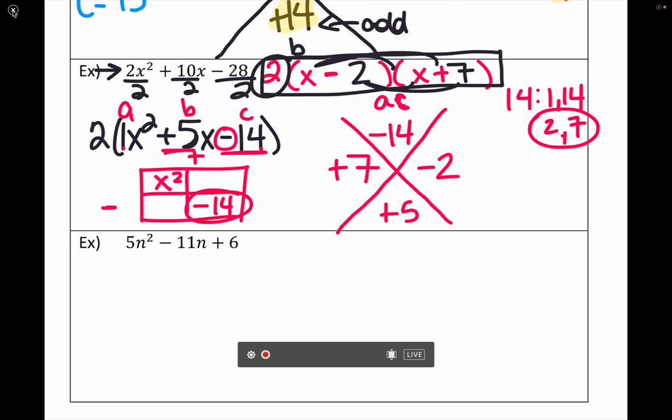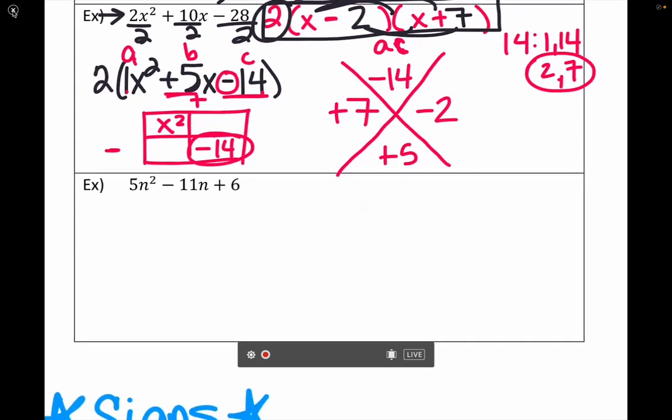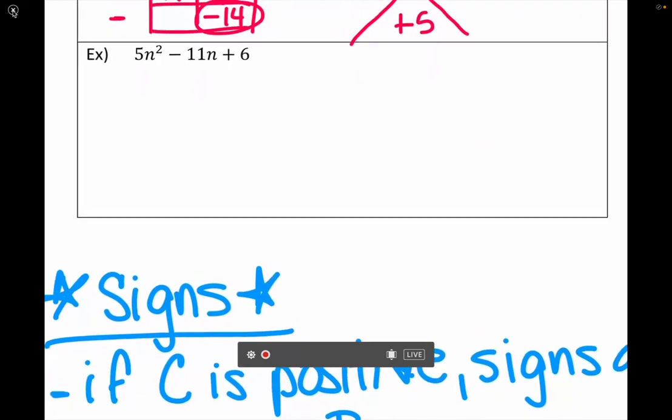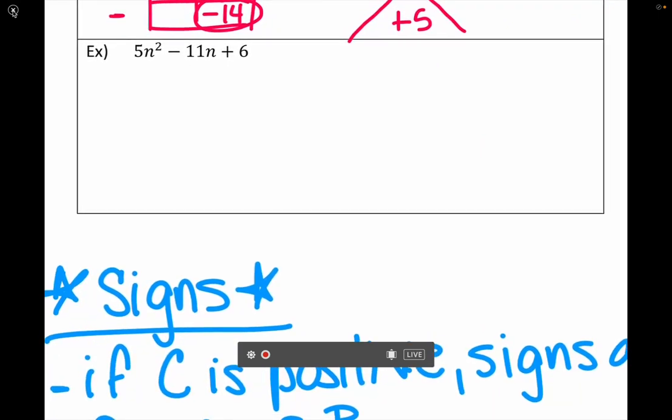This last one, A is not 1. So I do want to give you a little preview of what we're going to look at tomorrow. Because A is not 1, we would need to do a snowflake. Actually, I'm going to change this one. We're not ready for that.